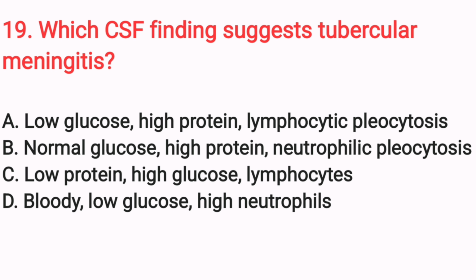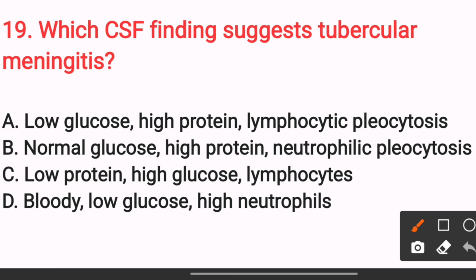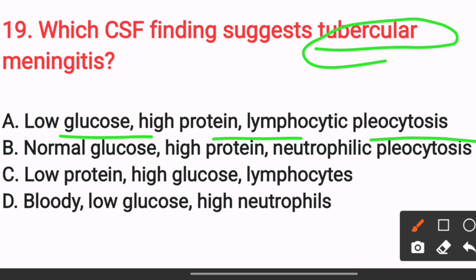Option D, bloody, low glucose, high neutrophils. The answer is option A, low glucose, high protein, lymphocytic pleocytosis in tubercular meningitis. In TB meningitis typically shows low glucose, high protein and lymphocytic predominance. So the answer will be option A.